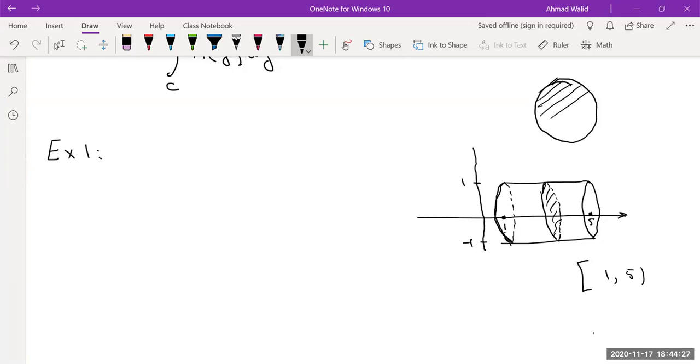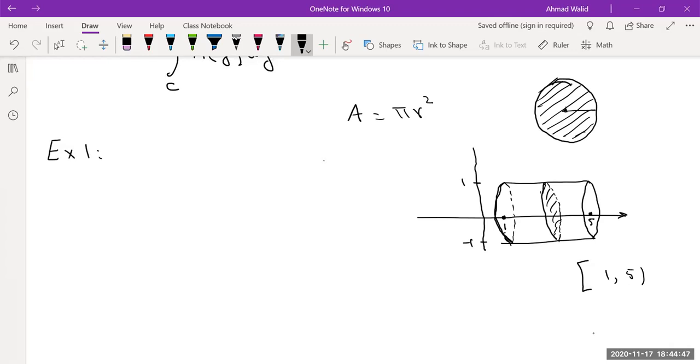The formula for the area of a circle is A equals pi r squared, right?